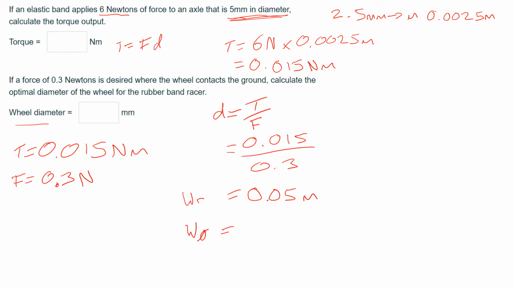So all we do is we double it, 0.1 meter. All right, if we want it in millimeters, what we need to do is multiply it by 1,000. So our wheel diameter will be 100 millimeters.